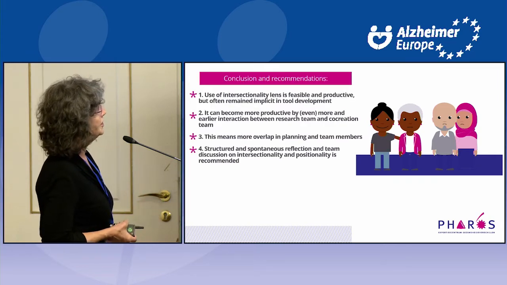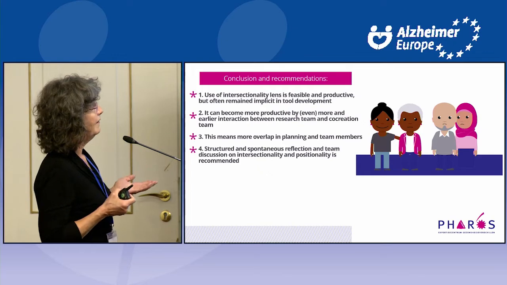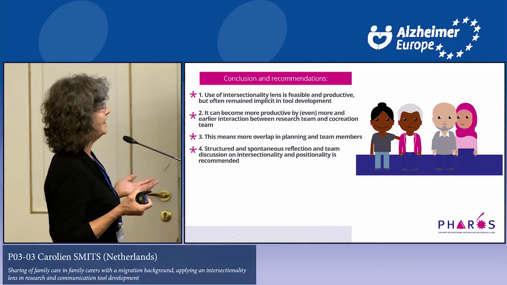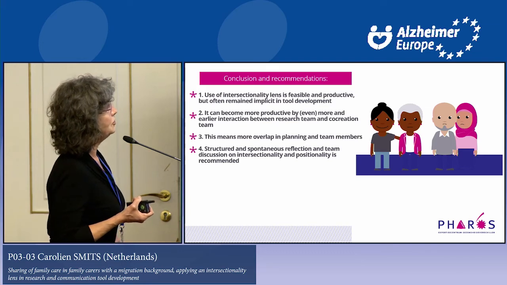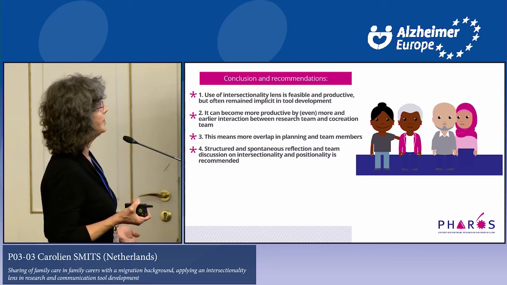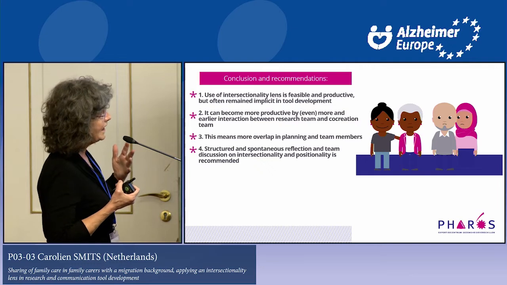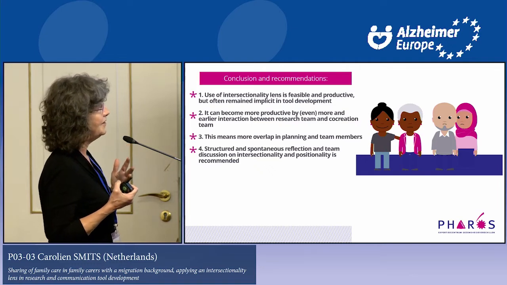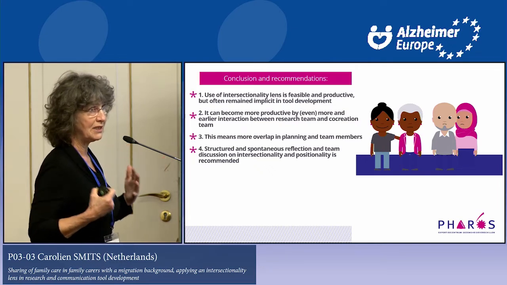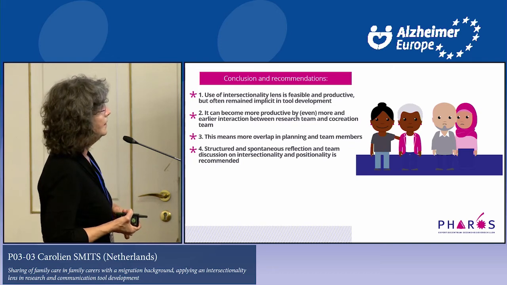In conclusions and some recommendations, the use of an intersectional lens in both research and in product design, tool design, is feasible and productive, but it can remain implicit in tool development unless you explicitly reflect on it.